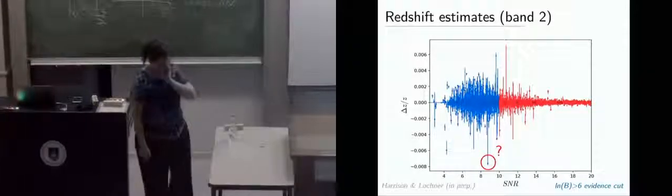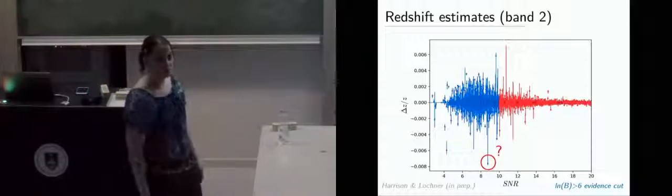So one of the things you may ask is, what on earth is going on here? This point is far away from the zero line, and it's got this huge error bar. This seems really strange. What is it? Well, it's something like this. This is why looking at the full posterior is so important.